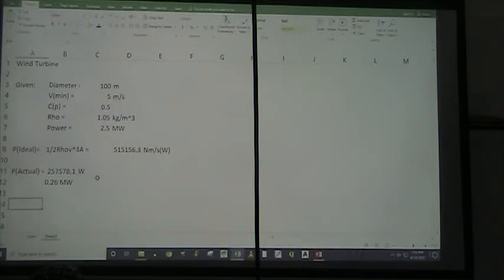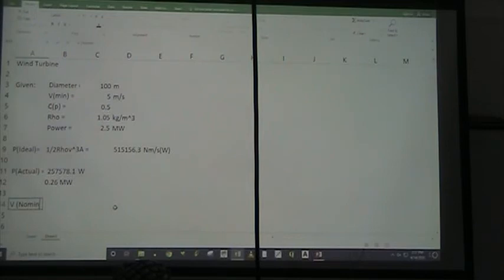So our power varies directly as the cube of the wind speed. Therefore, we are going to say our velocity for not ideal, but how about nominal?